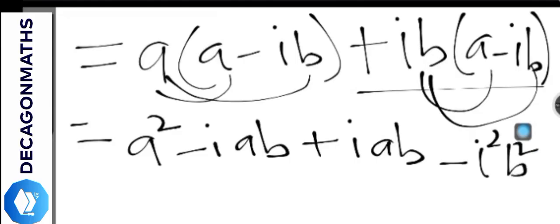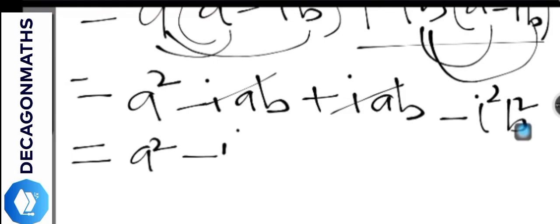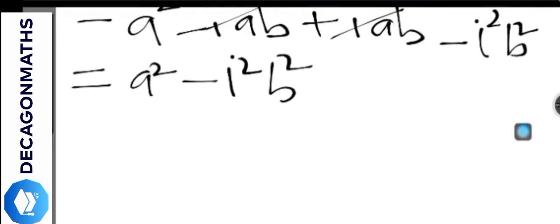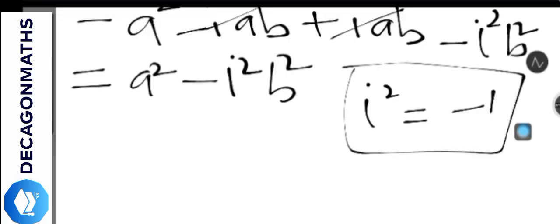Alright, so it's obvious that this cancels out this, so we are left with a squared minus i squared b squared. And recall that i squared is equal to minus 1. Remember this.